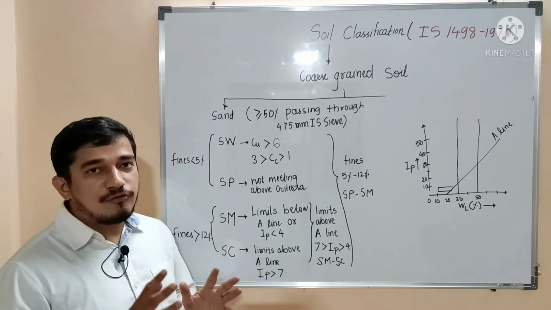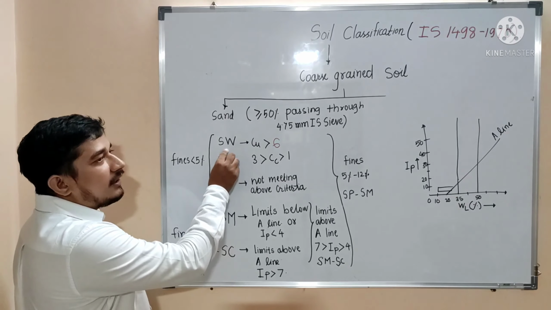All the other criteria for classification of sand are the same as gravel. Only one criterion is changed, that is for well graded sand. When the coefficient of uniformity is greater than 6 and the coefficient of curvature is within the range of 1 and 3, then it is termed as well graded sand.